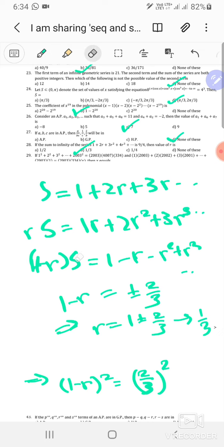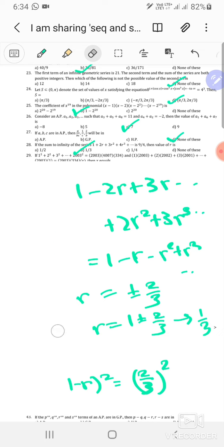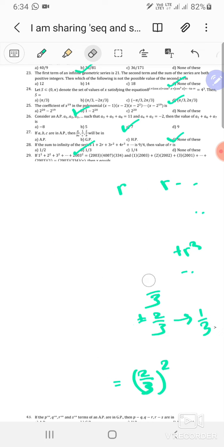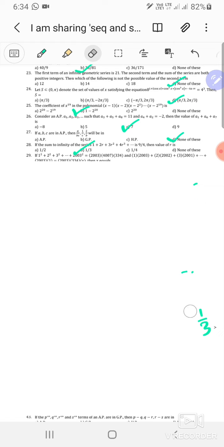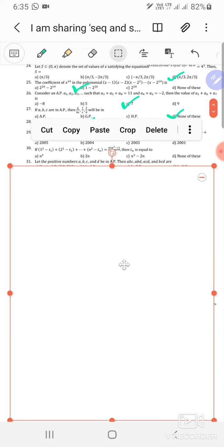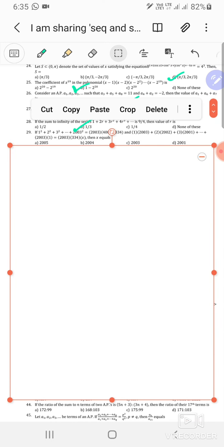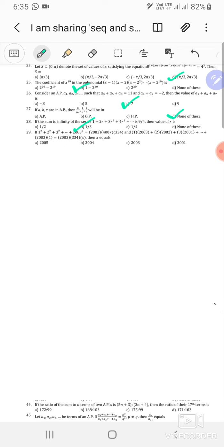Okay, cool. So you have 1 squared plus 2 squared plus 3 squared all the way till 2003 squared is equal to 2003 times 4007 times 334, and 1 times 2003 plus 2 times 2002 plus 3 times 2001, all the way till 2003 times 1, is equal to 2003 times 334 into x.